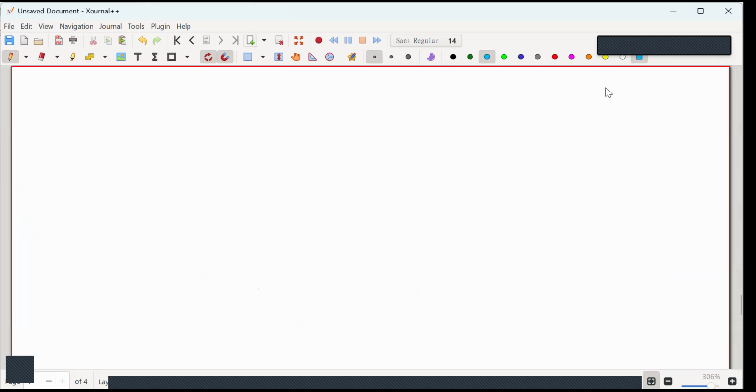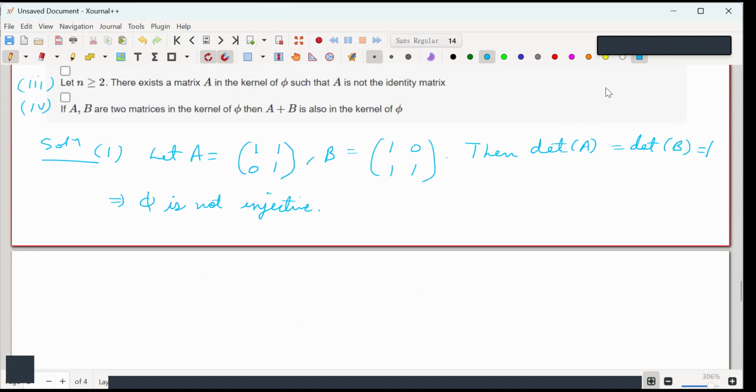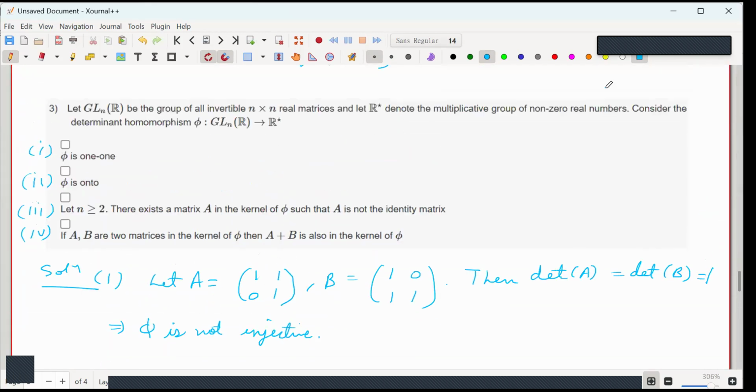In fact, we can say a bit more. Determinant of A is equal to 1. This forms a group that is SLnR, right?